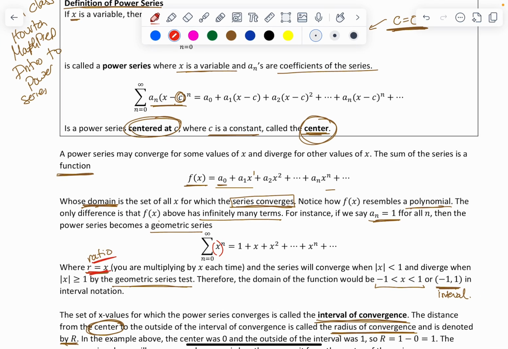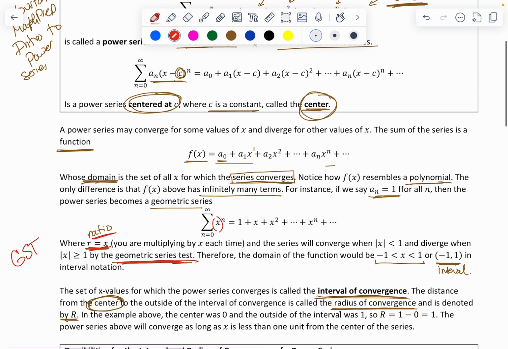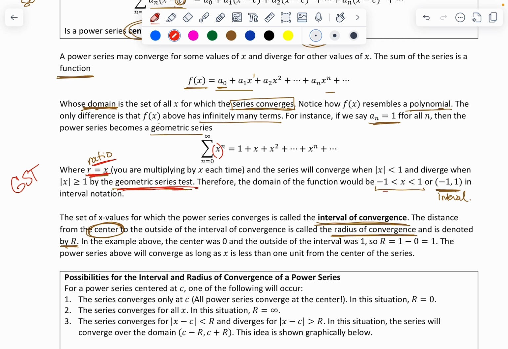The series will converge based on the geometric series test when the absolute value of x is less than 1 and diverge when the absolute value of x is greater than or equal to 1. We already know this from the GST, the geometric series test. Therefore, the domain of the function would be from -1 to 1, not including -1 and 1.